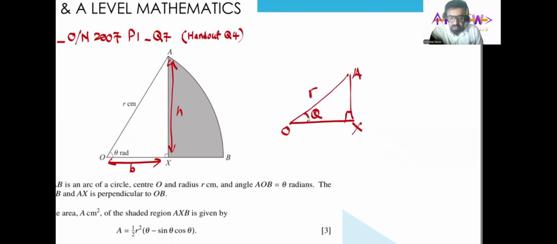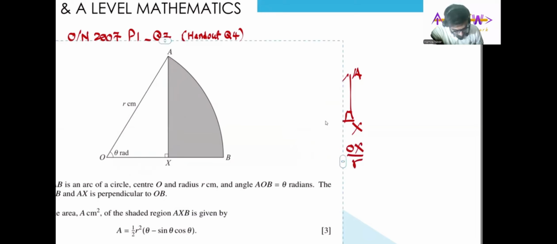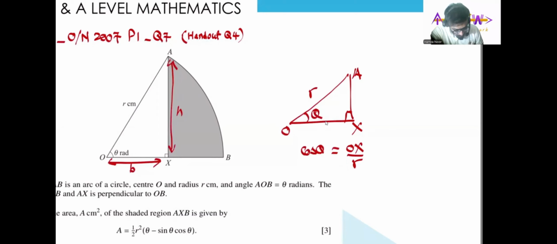If we want to find this OX length, OX is basically the adjacent side, and we can involve the hypotenuse. So cos theta equals adjacent over hypotenuse, which is OX divided by r. Therefore OX equals r multiplied by cos theta. As simple as that.